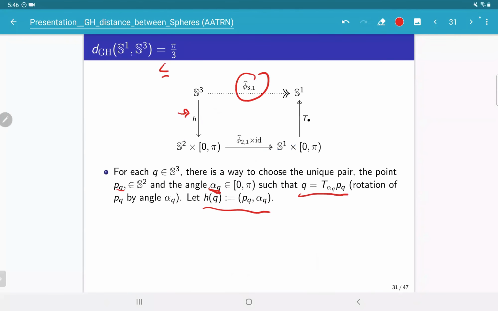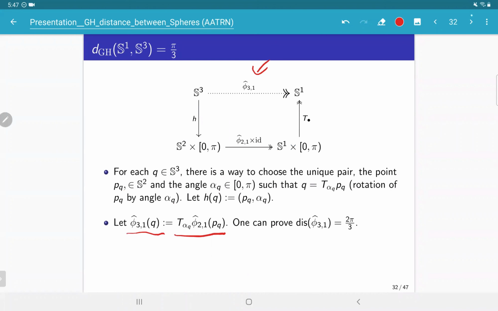North Pole of S2 or North Pole of S3, take your pick. I'm just trying to understand this.